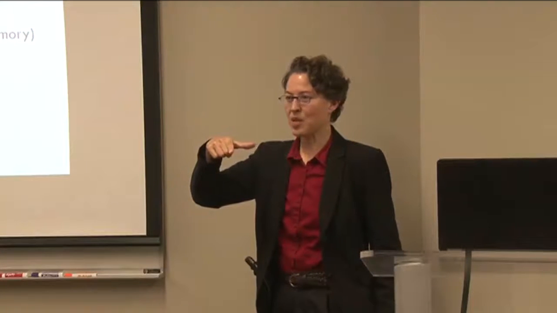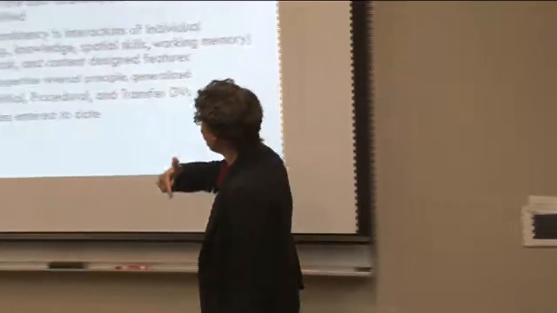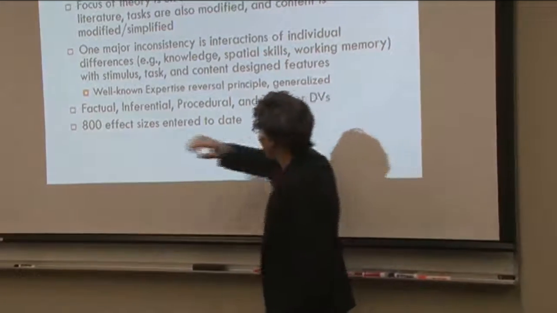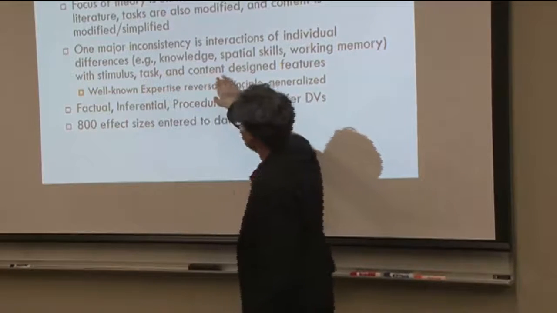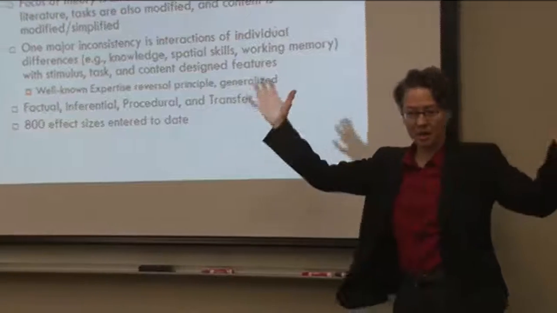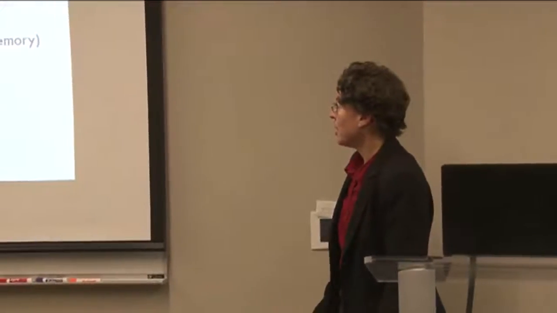But if you think about generalizing that beyond just the stimulus and beyond knowledge to spatial skills, working memory, motivation, and also interactions with tasks and content choices, all of a sudden cognitive load theory doesn't explain very well what's going on.